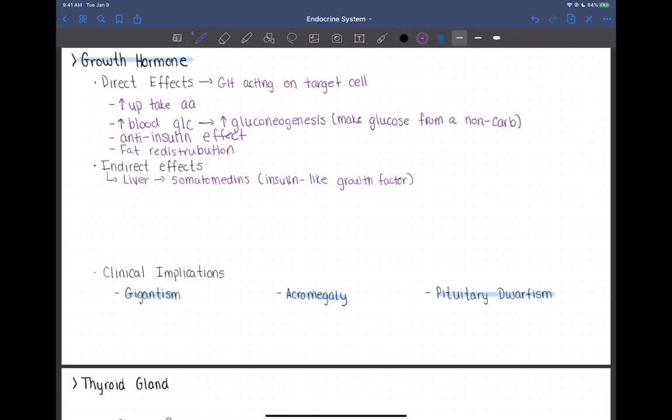Some of these effects are going to be building of muscle, strengthening of bone and muscle. We'll just say bone and muscle growth. We know that growth hormone can have that effect, and it does that through the insulin-like growth factor. It is going to cause an increase in protein synthesis.